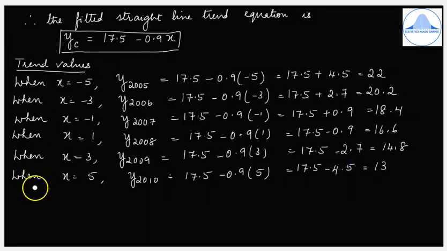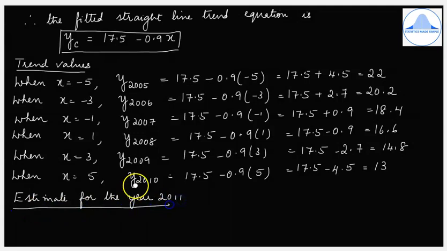So after obtaining the trend values, they have also said that we have to estimate the value for the year 2011. So I'll write the side heading as estimate for the year 2011. This is quite simple. So we know that when the year was 2009, the x value was 3. For 2010, the x value is 5. So observe that the difference is 2.